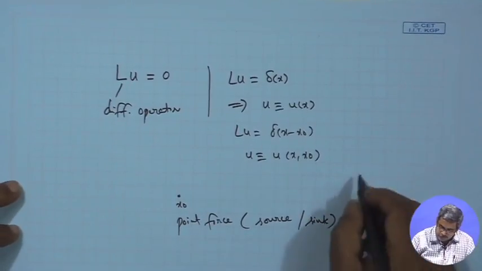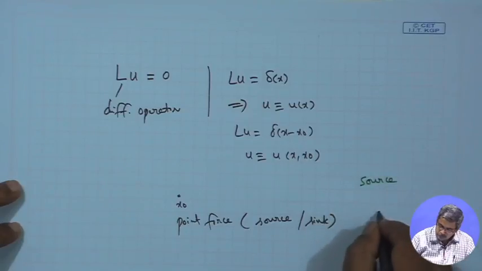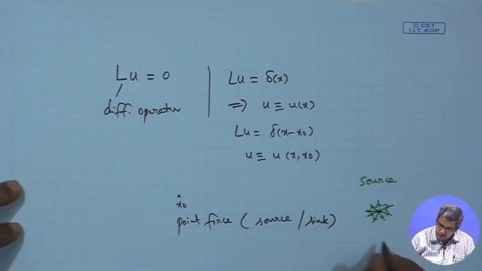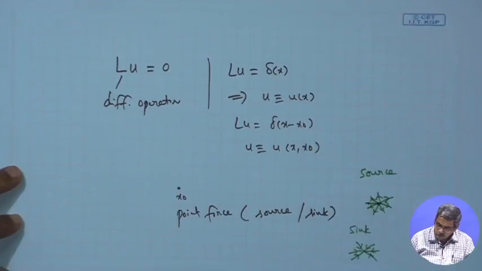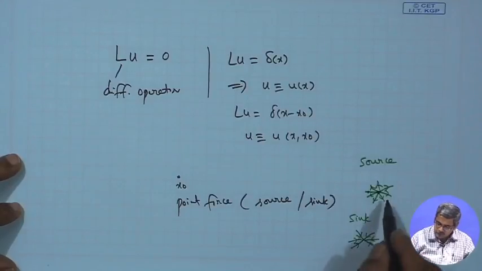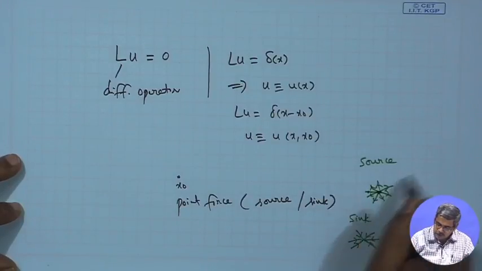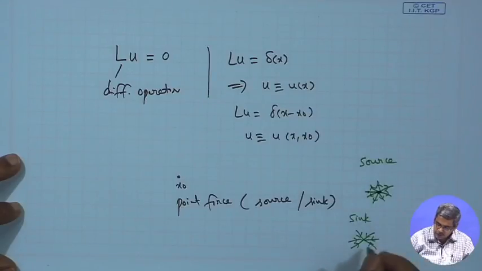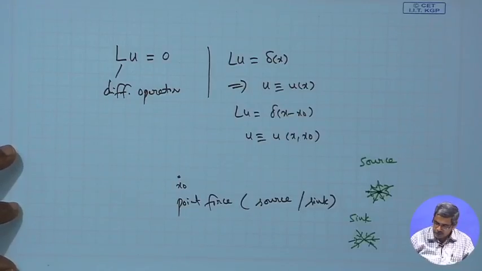If it is a source, we expect flow is radially symmetric and something is coming out of a dot, and if it is a sink, then we expect something is going in. Okay. And of course, one can define if you source of large intensity, so the more flow comes out. If it is a sink, more flow from the environment will be sucked inside. So, this is a general sense. Okay. This is a point source, point sink.